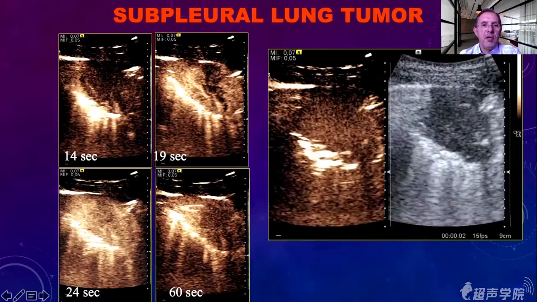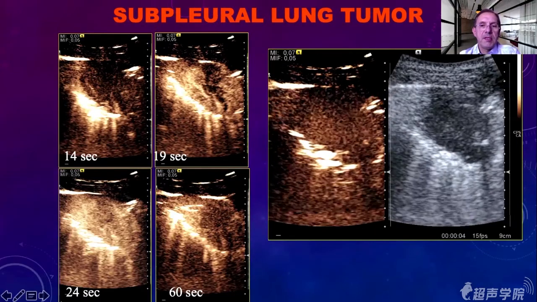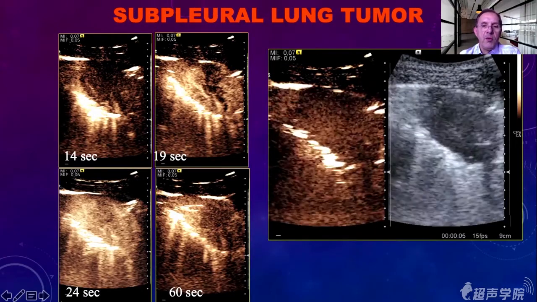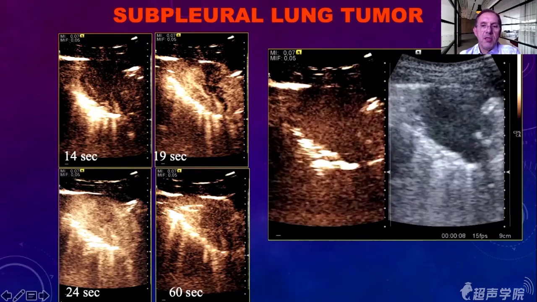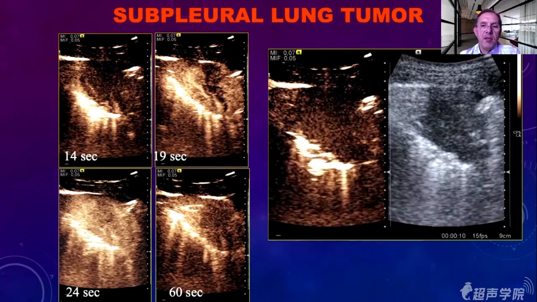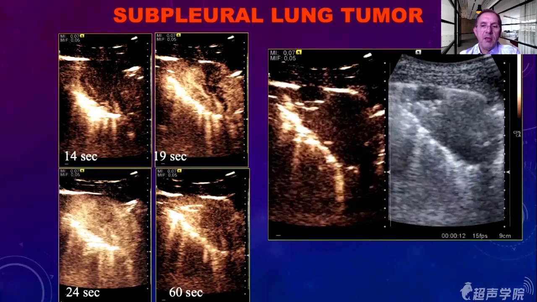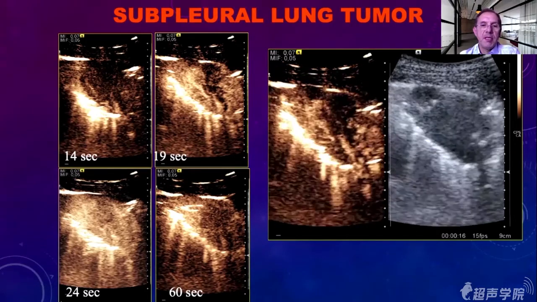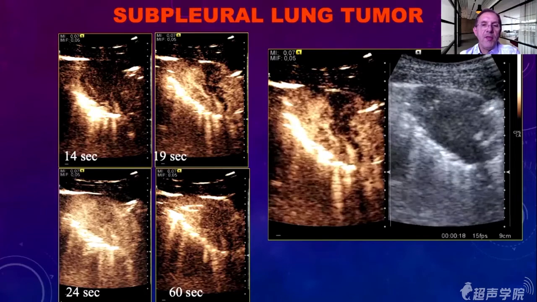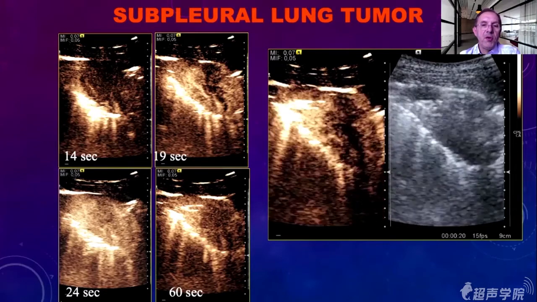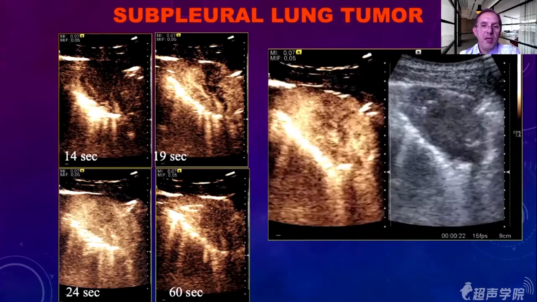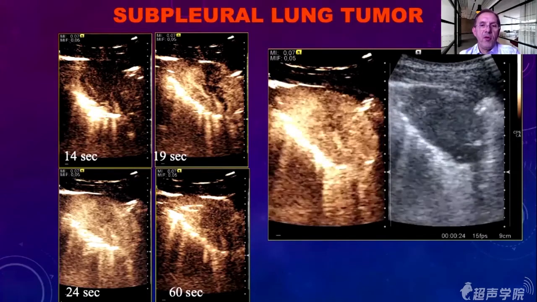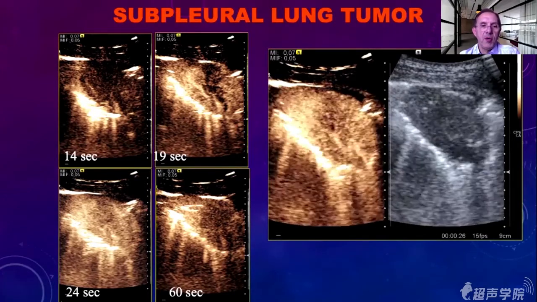If we inject contrast, we will see that the contrast agent arrives into the lesion at 14 seconds after injection, thus demonstrating the bronchial artery supply, which is characteristic for the pulmonary lesion.